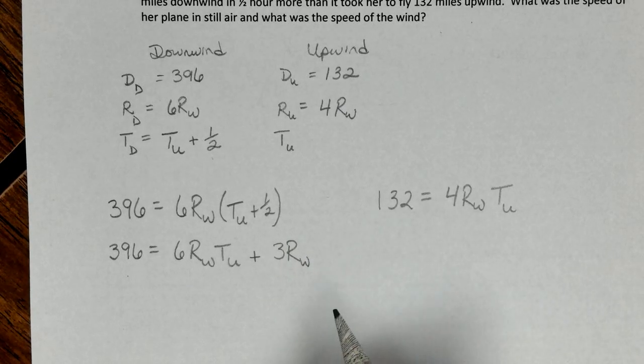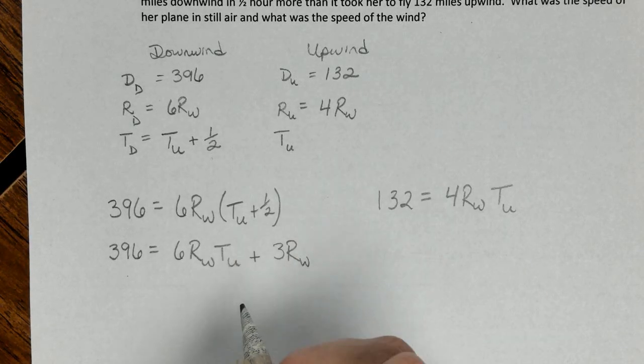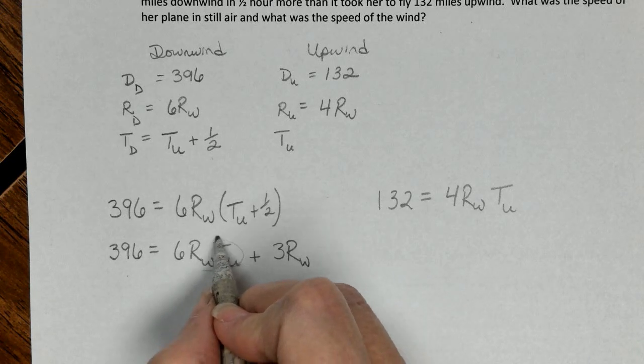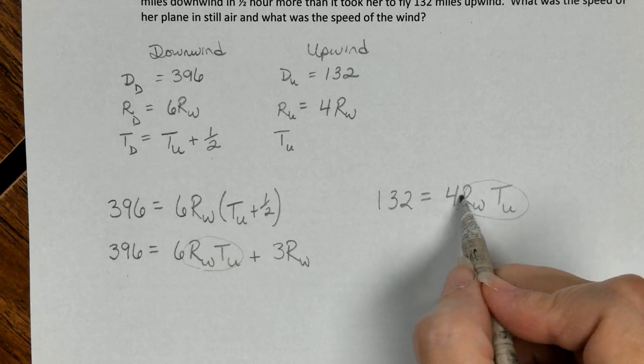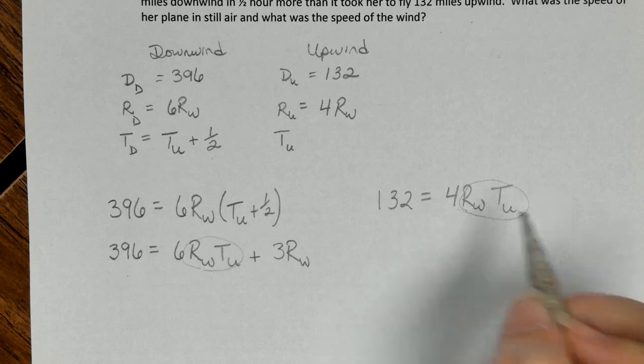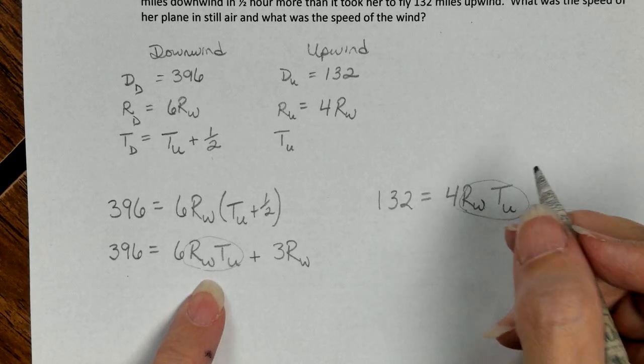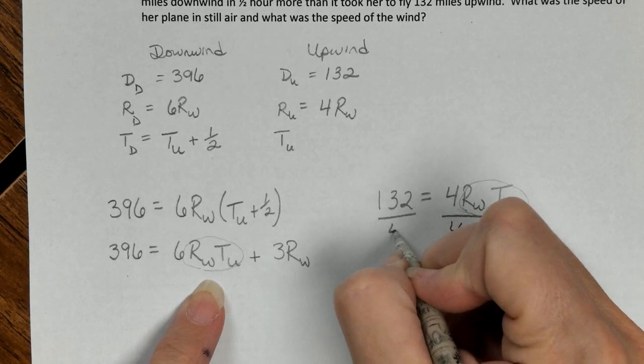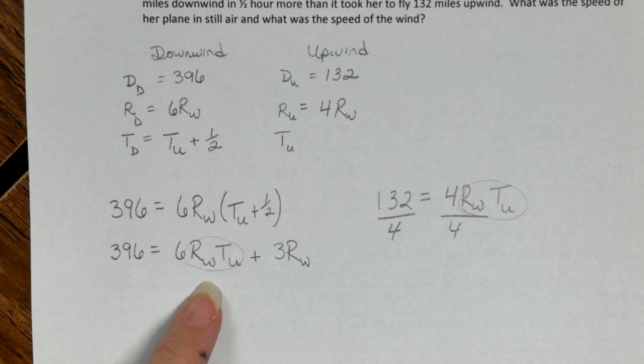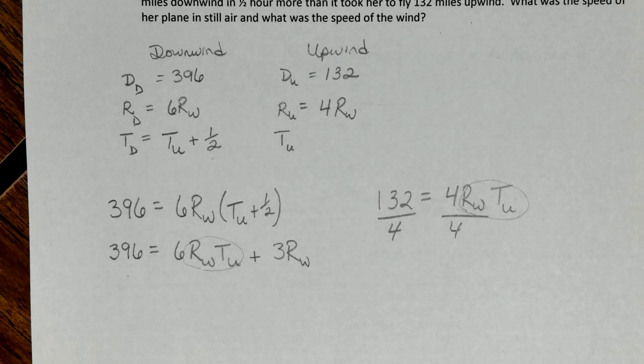I still have too many variables in here. Well, let's see, RWTU, RWTU. All right, so let's divide both sides of this equation by 4 and get RWTU by itself, and then we're going to substitute. So 132 divided by 4, I think that's 33, but I'm still going to do it on my calculator. 132 divided by 4, yep, 33.